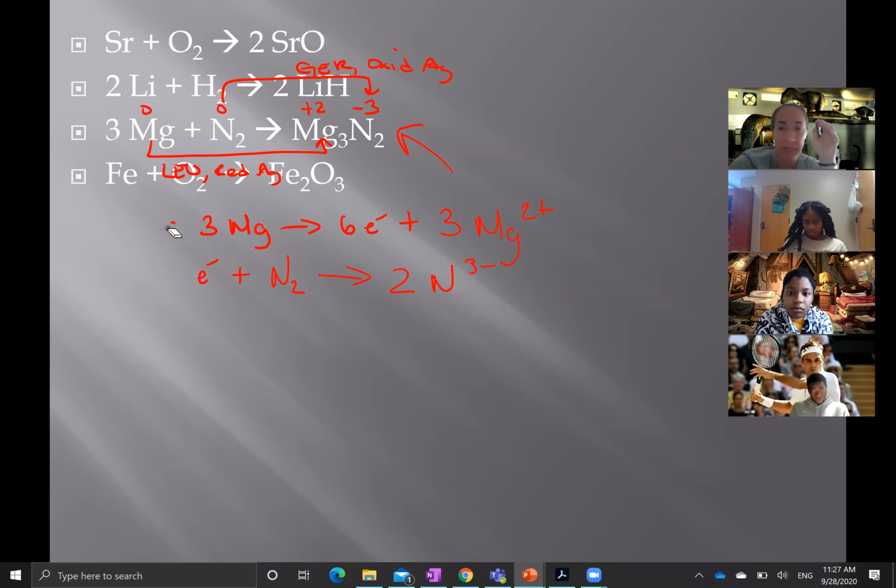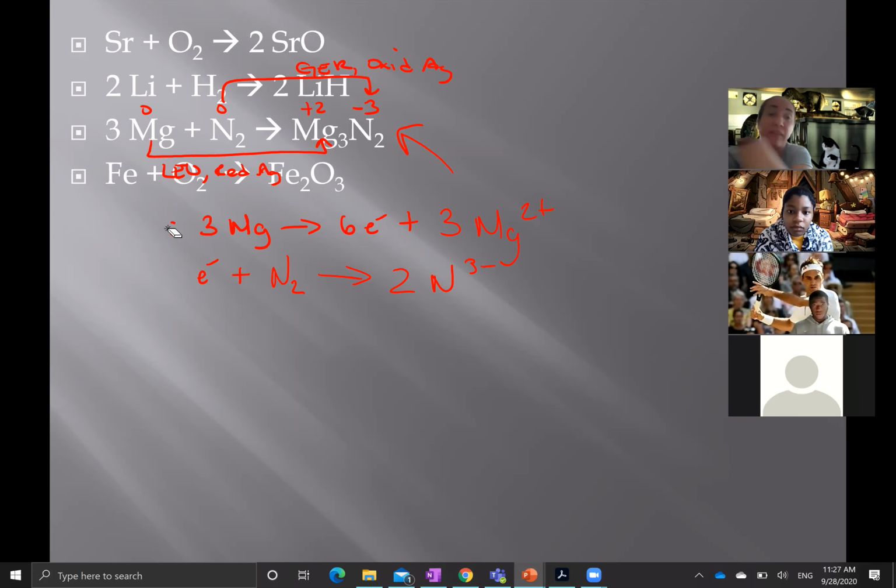The nitrogen is gaining the electrons, the magnesium is losing them, but no one ever changes to a positive. An electron is an electron. I'm giving you 6 negative charges, but they're still negative. So it's not 6e plus. e plus does not exist.